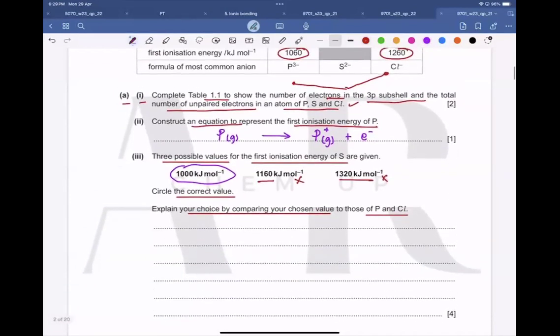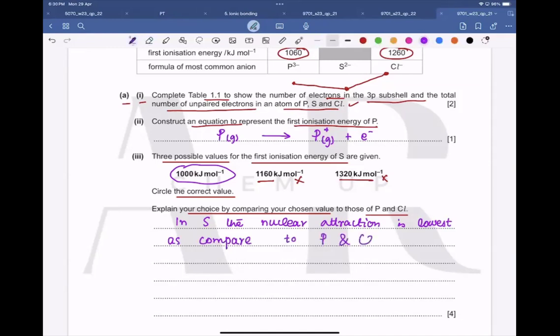Here I'm going to write that in sulfur, the nuclear attraction is lowest as compared to phosphorus and chlorine.